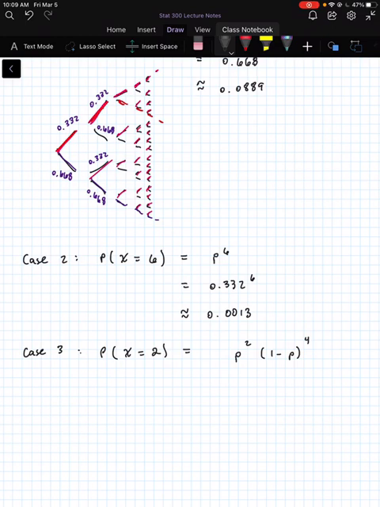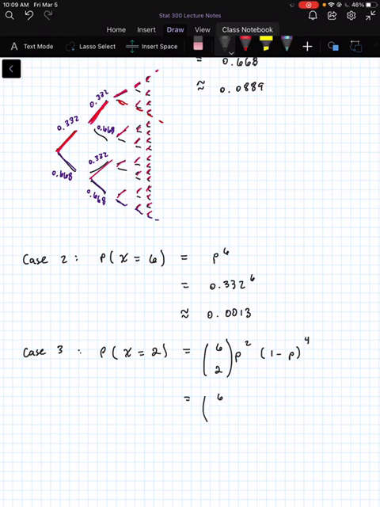But since we need to account for all the possibilities, we need to count all these combinations. Remember that in the beginning we said we are interested in combinations, not permutations. So one way to think about this is, think of the group of 6 people, we're choosing 2 of them, and those are the 2 that have hypertension.